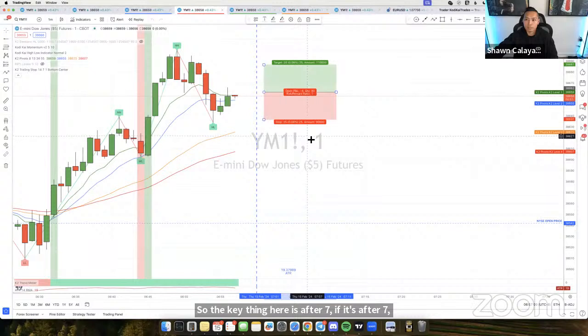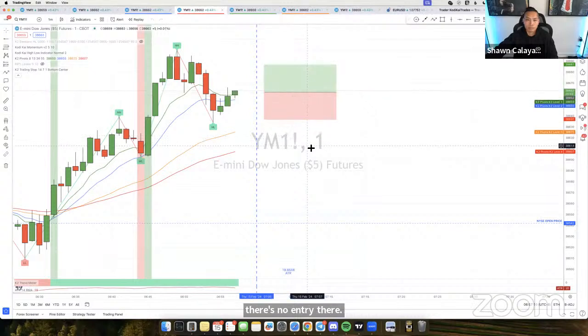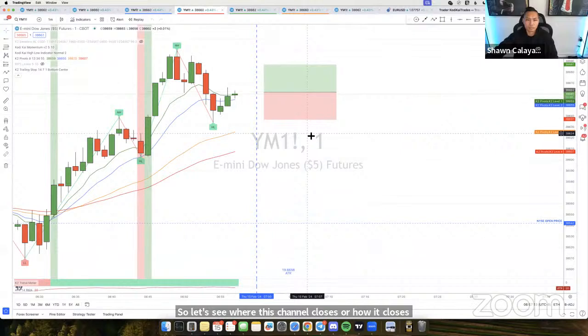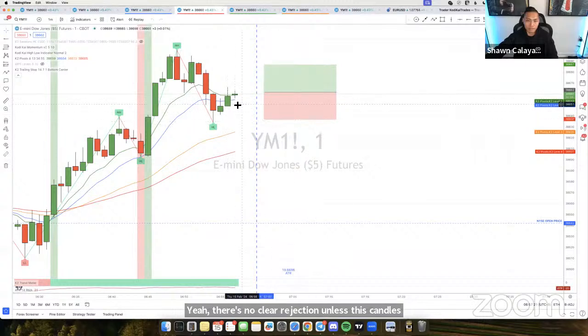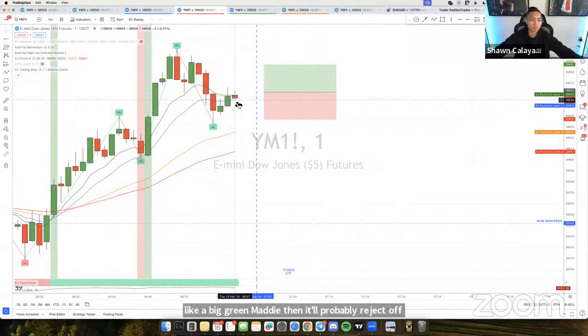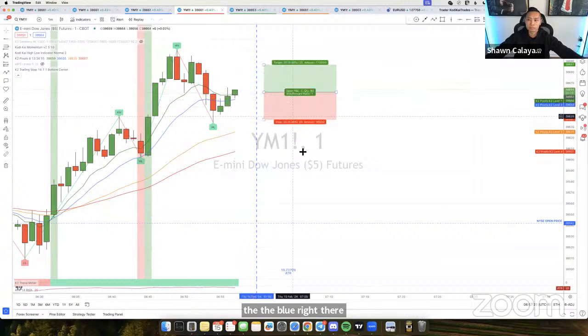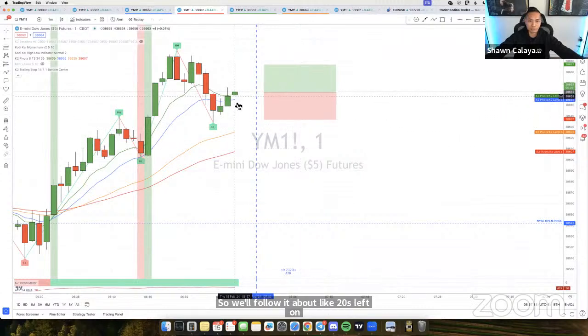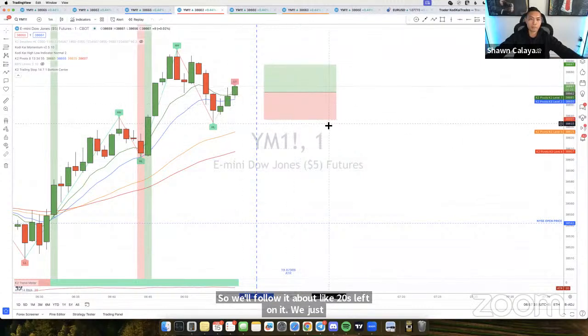So let's see where this candle closes or how it closes. Yeah, there's no clear rejection. Unless this candle is a big green candle, Maddie, then it'll probably reject off the blue right there. So we'll follow. There's about 20 seconds left on it. We just got to see how the candle closes. If it closes and rejects off the blue, then that'll be an entry.